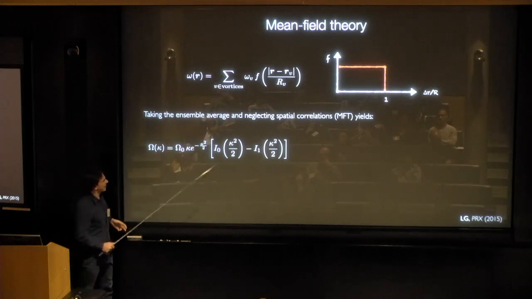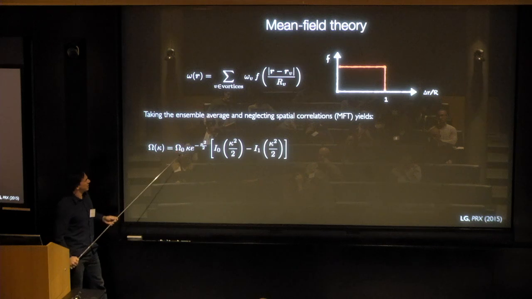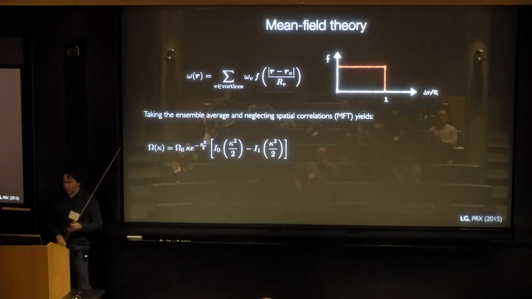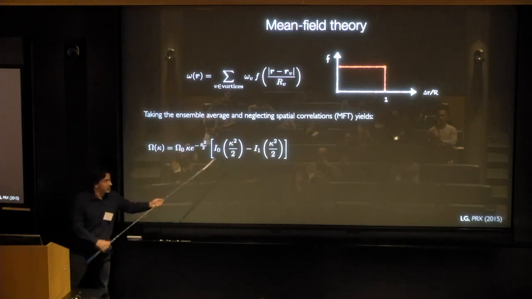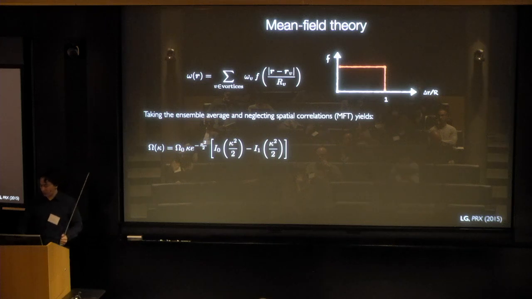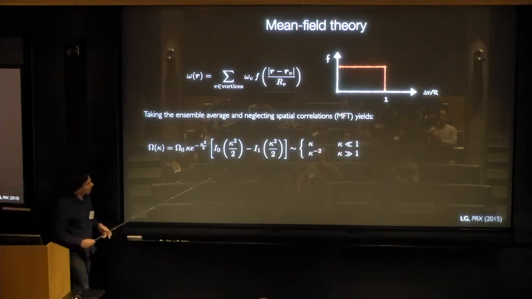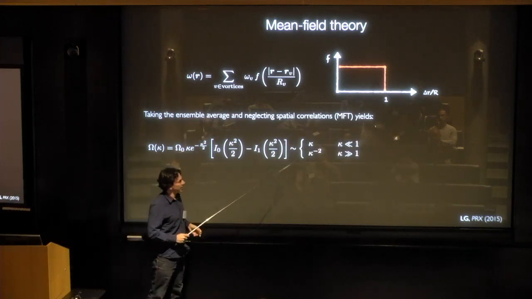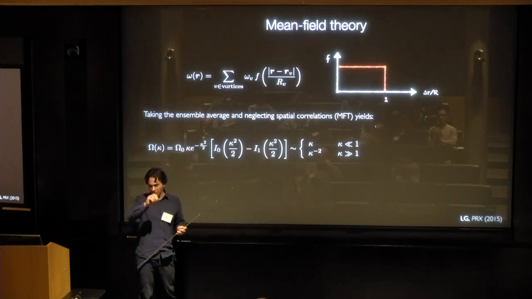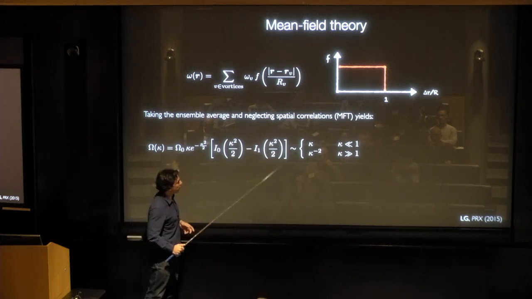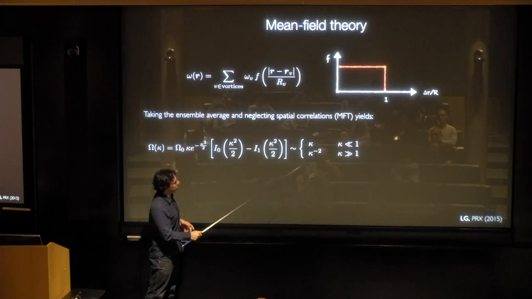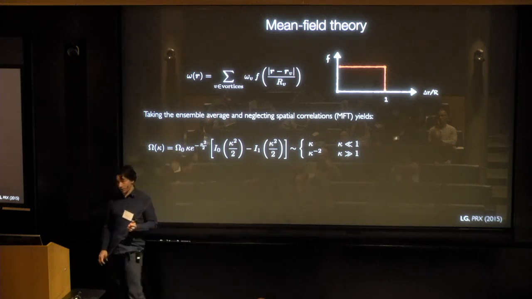It contains a couple of Bessel functions and a Gaussian, so it's not really simple to decipher. Nevertheless, it has very simple and clear asymptotic behavior. It scales like kappa for small kappa values, where Greek kappa is just a dimensional version of the wave number, and it scales like kappa to the minus 2 for large kappa values.